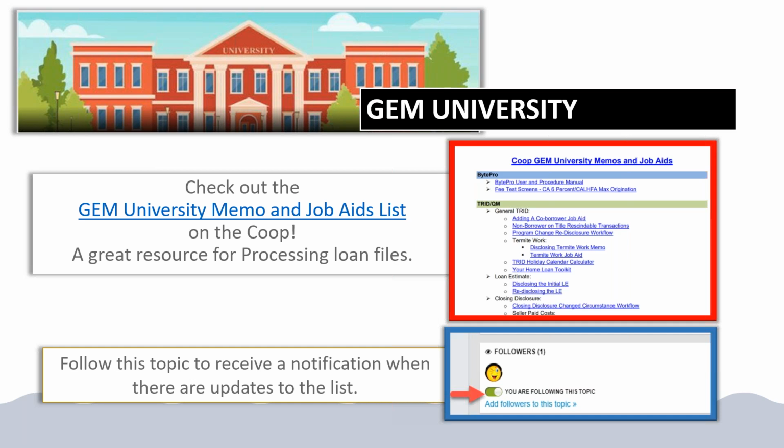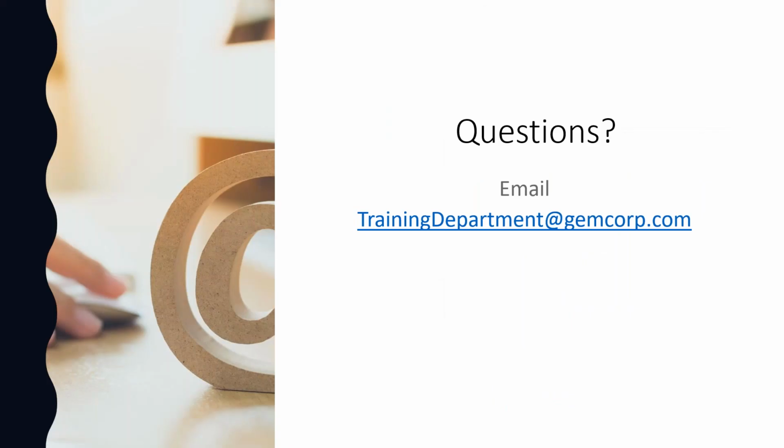And if you click on follow this topic, you will receive a notification when any updates happen to the list. That way you will always be in the know. If you have any questions or need further assistance, please email the training department at gemcorp.com.